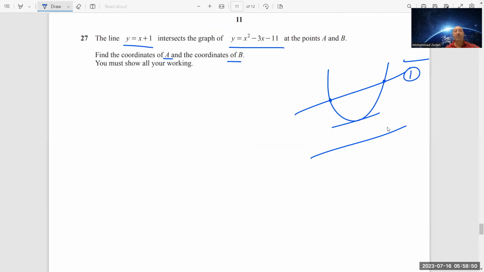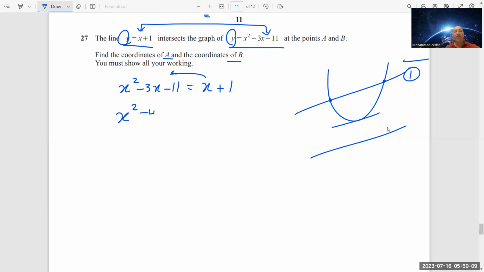Y equals y, so x squared minus 3x minus 11 is equal to x plus 1. Why? Because the left-hand sides are equal, so the right-hand sides must be equal as well. Simplify and arrange: x squared, bring this x here, will be minus 4x, and negative 11 minus 1 is equal to 0.